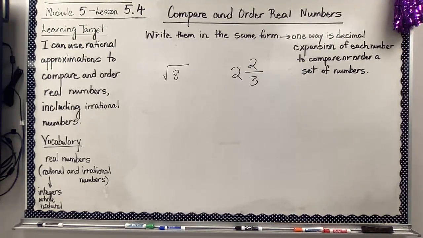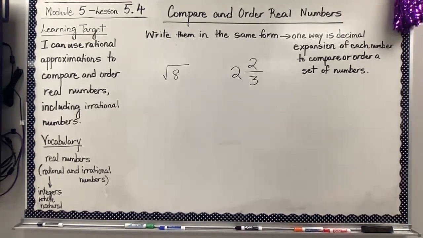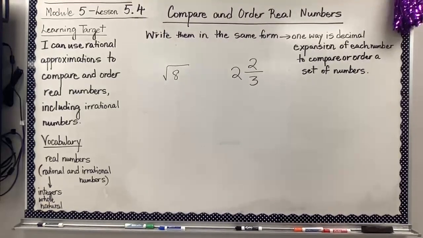So first we are going to compare the numbers. And what we're going to do is in square root of 8, we are going to estimate to the nearest tenth. Okay, so when you're estimating, please remember what we had done earlier, from yesterday.